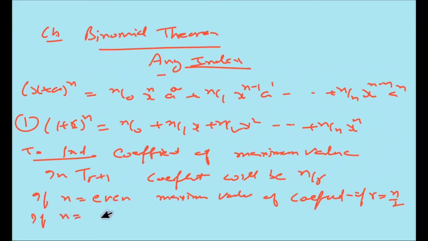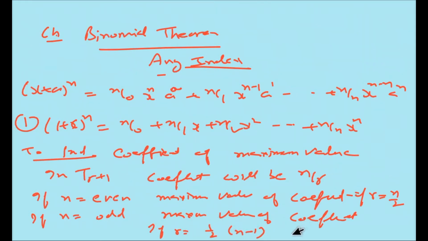Now if n is odd, then the maximum value of the coefficient is at r = (n-1)/2 or (n+1)/2, both are equal. Okay, both are equal.